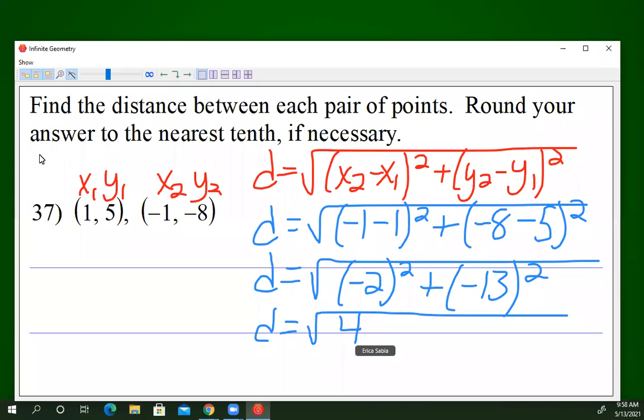I get a +4, and 13 squared is 169. I'm going to add those two together. And now I'm looking at the square root of 173. I have no idea what that is, but my calculator sure does. The square root of 173 is 13.2 when rounded.